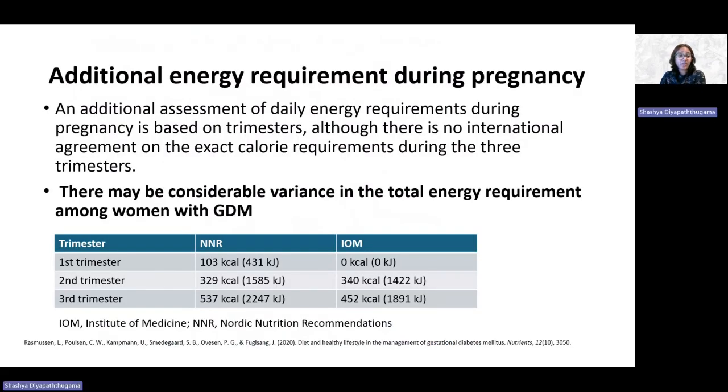Then talking about additional energy requirements during pregnancy. For a pregnant woman, we first have to calculate the energy requirement as we would for a normal non-pregnant woman. We can use different equations, and you will be learning them in the MNT course; the equation we can use differs from situation to situation.